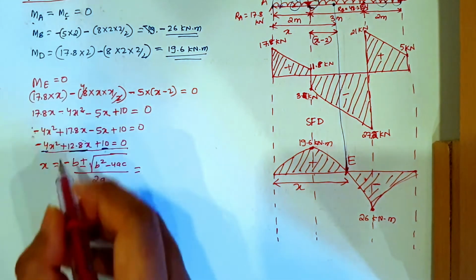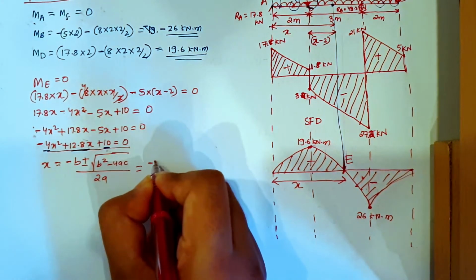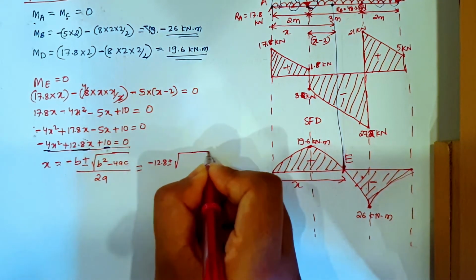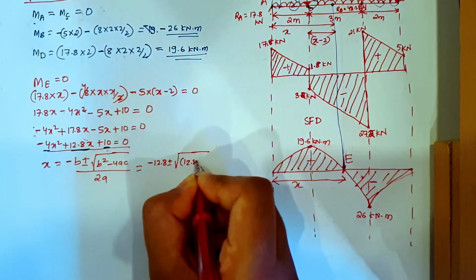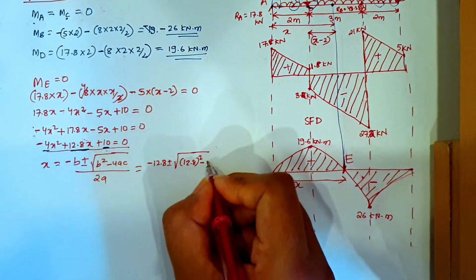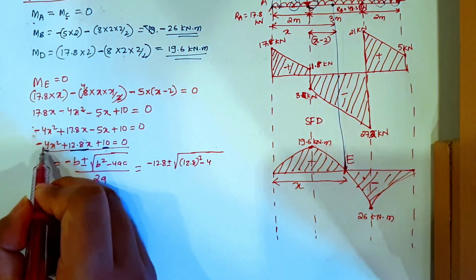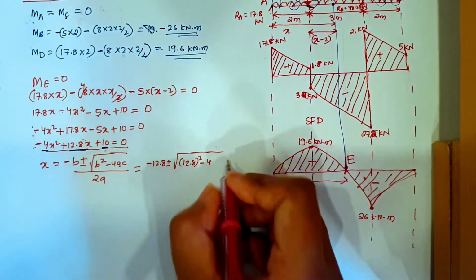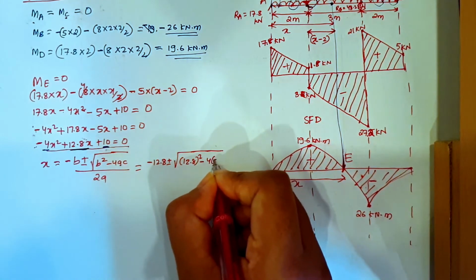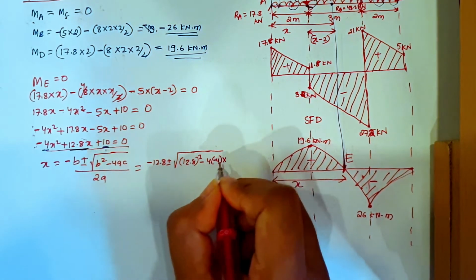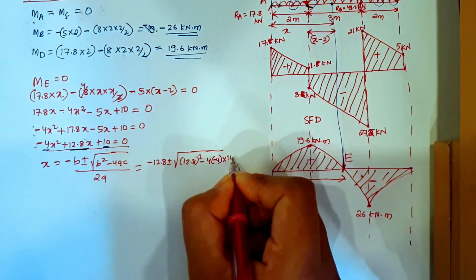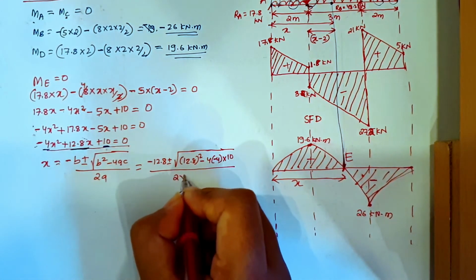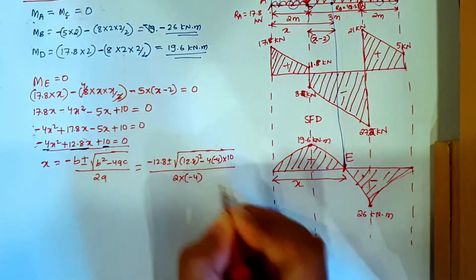So x is minus 12.8 plus minus root over of, now b square will be 12.8 square minus 4 into a, a is minus 4, so minus 4 into c is 10, divided by 2 into a is minus 4.